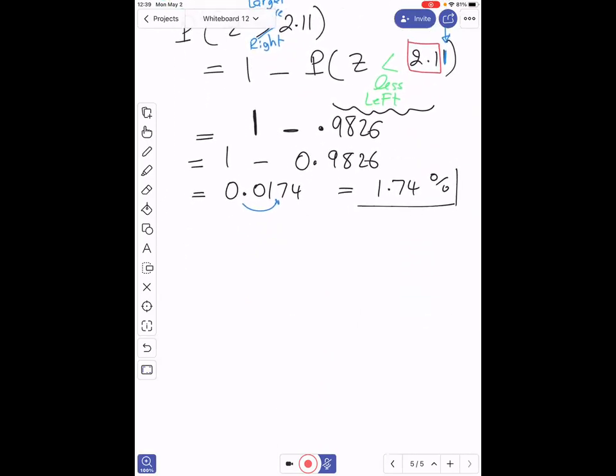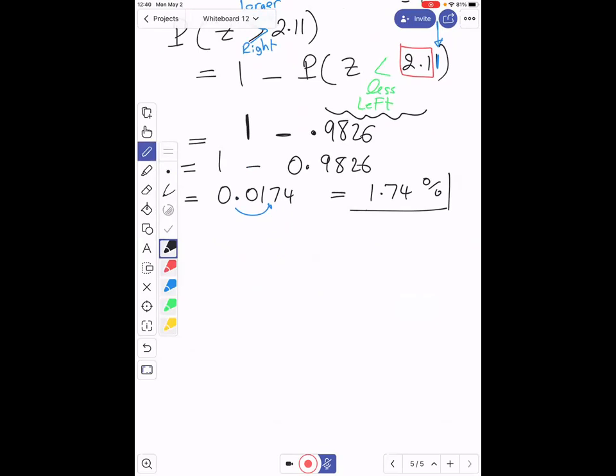So the third case, it says probability that the thickness is between 3.0 and 7. So we want to find the probability, capital P, that x is between 3.0 and 7.0, right?